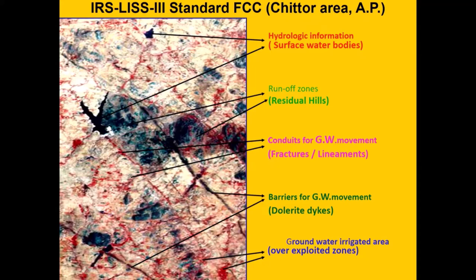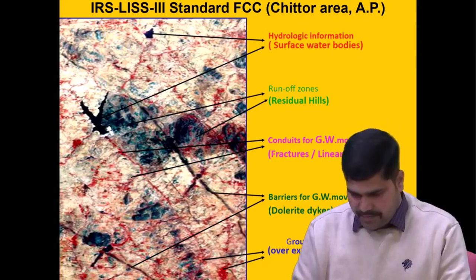But at the same time it's not bad, because if a blockade is happening due to a dike, then the storage happens on the other side. If the storage continues to happen, it may create a zone of potential groundwater horizon where earlier it was dry, and in future these are the locations where we can get groundwater from.